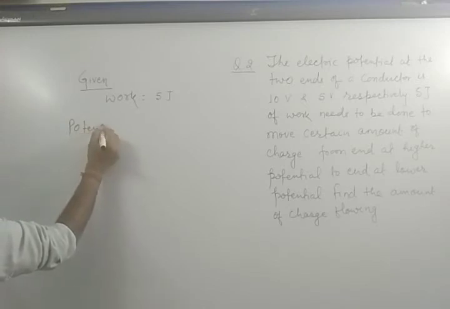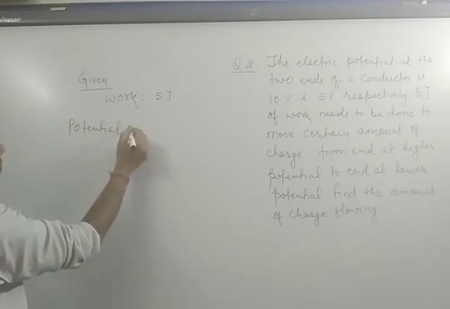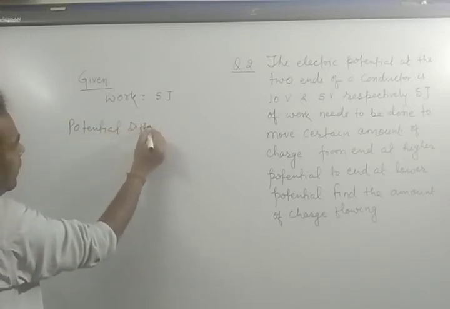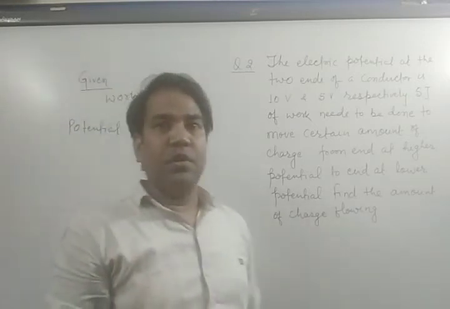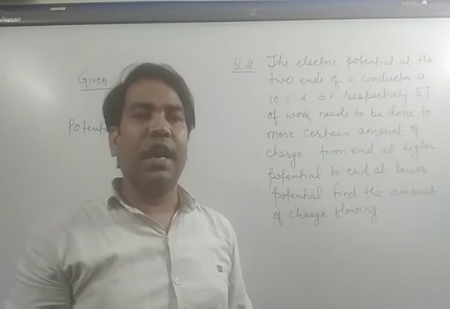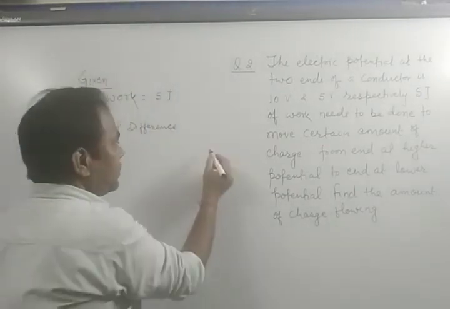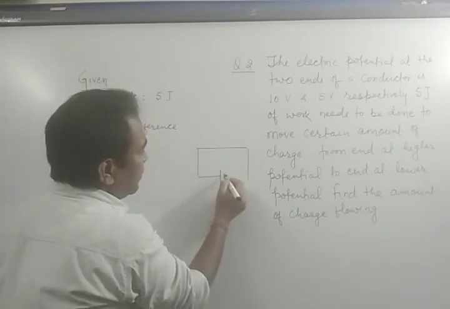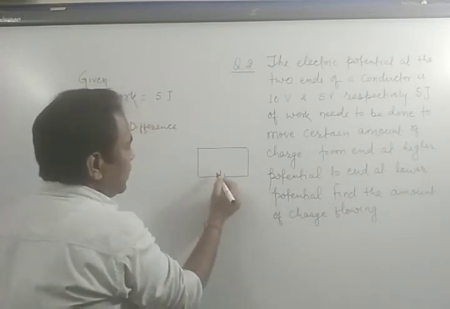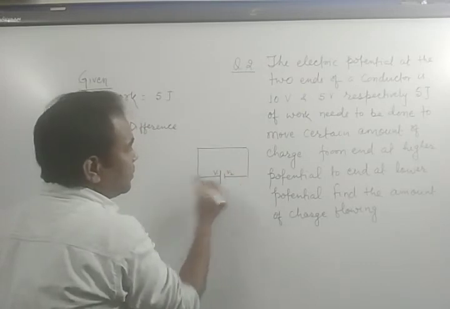How? I have told you in the previous video that potential difference means the difference of electric potential at the two ends in the circuit. I have told you by a diagram that suppose here V1, here V2.